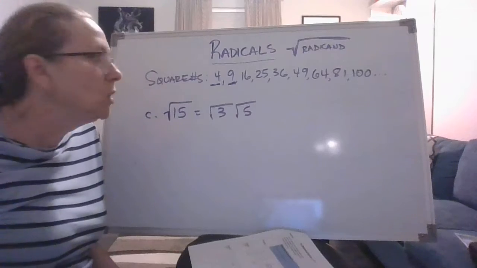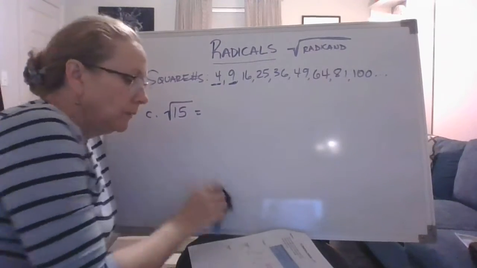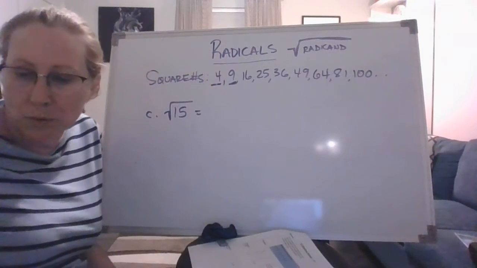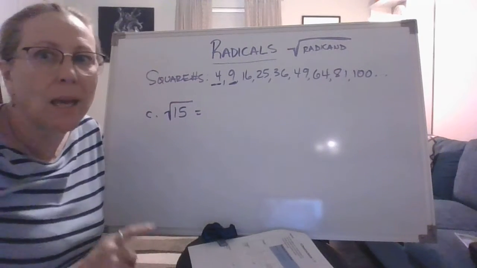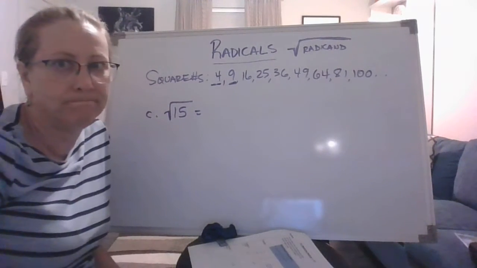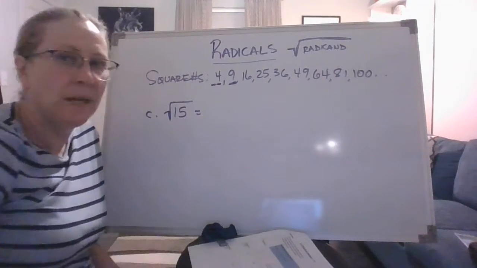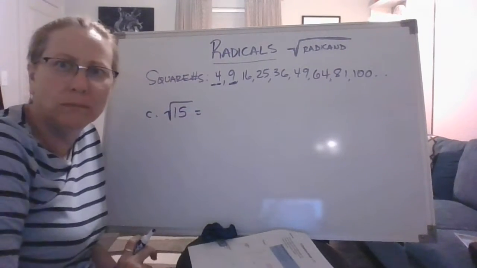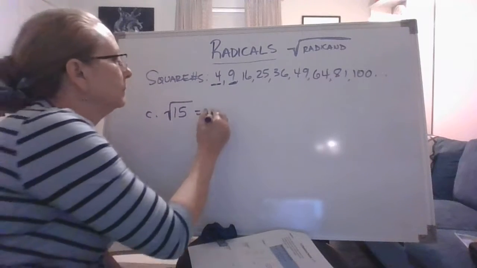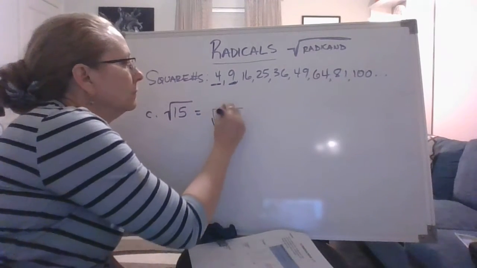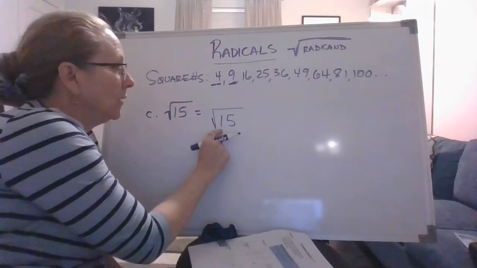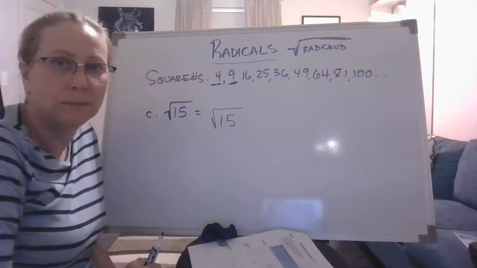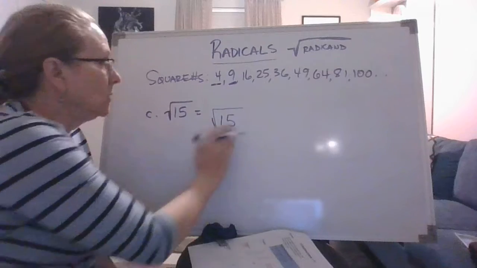No. So what do we do? Well, MyMathLab might give you the option to put cannot be simplified, but it doesn't always. So what if I've got a blank and it doesn't give me the option cannot be simplified? We write the number again, radical sign, root 15. That is the simplified answer.